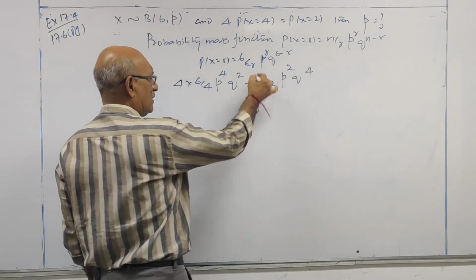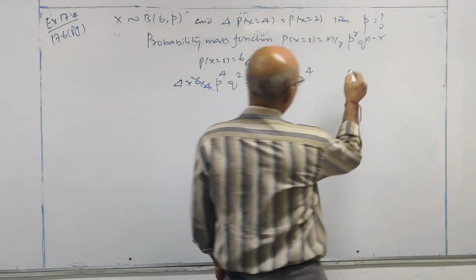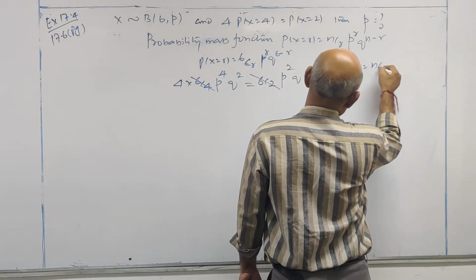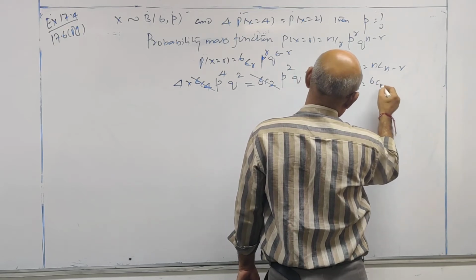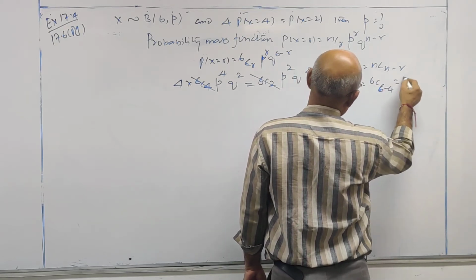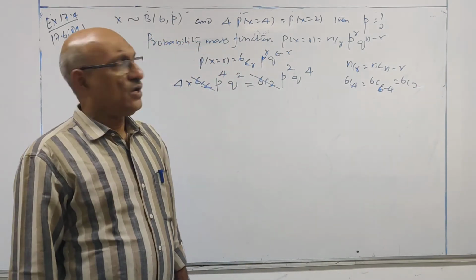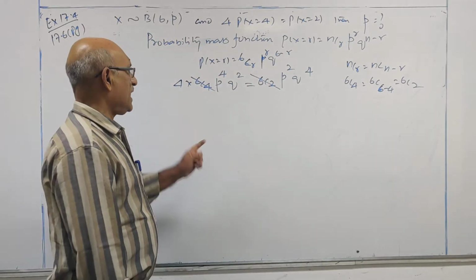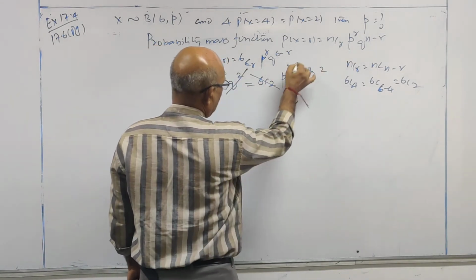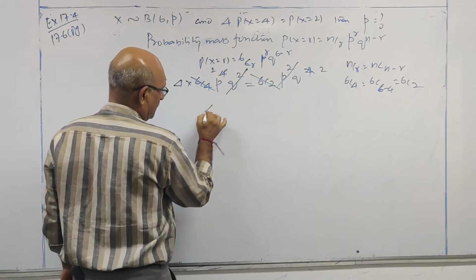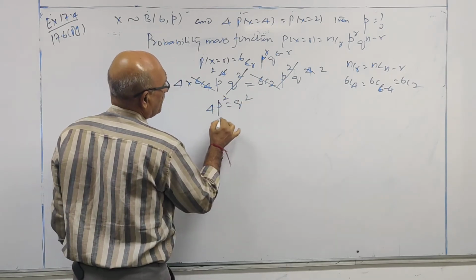Just a one line answer. 6C2 and 6C4 cancel. How? nCr is equal to nC(n minus r). 6C4 is equal to 6C(6 minus 4), 6C2. Cancel. Q square will go 2 times here, p square will go 2 times here. 4p square is equal to q square.